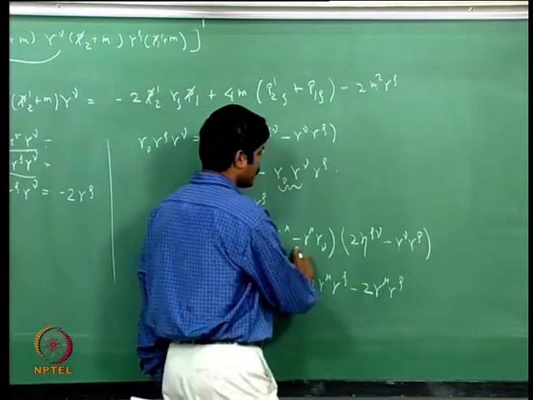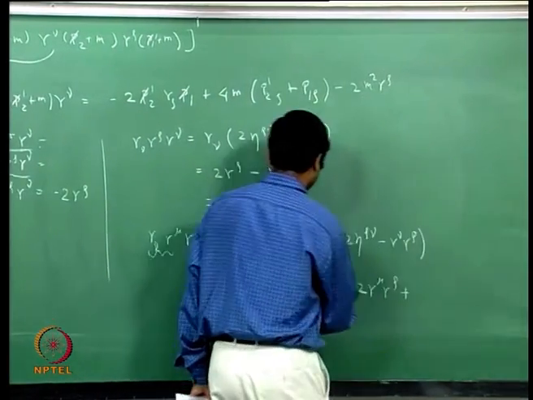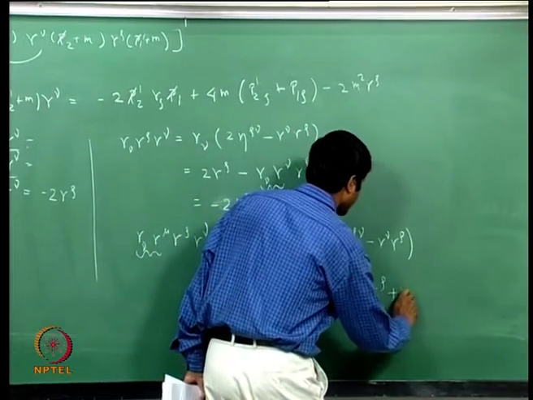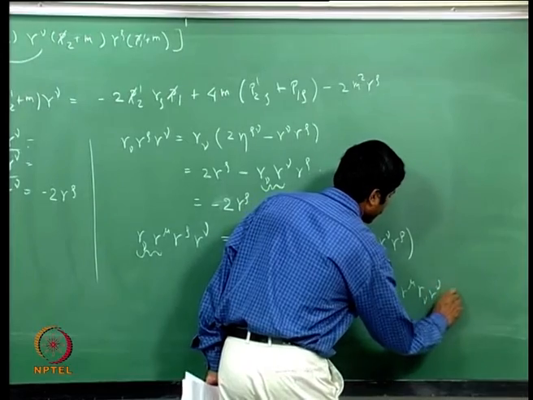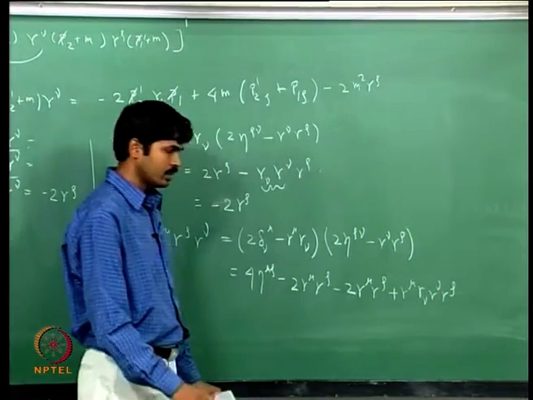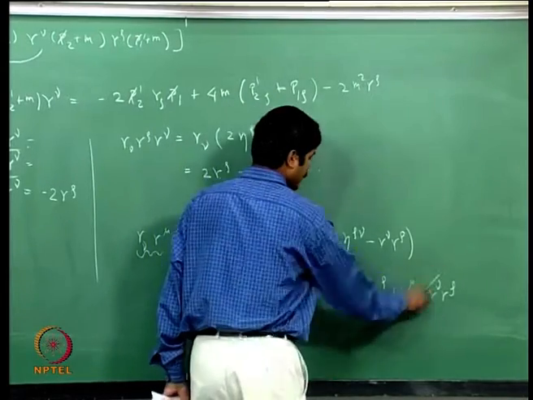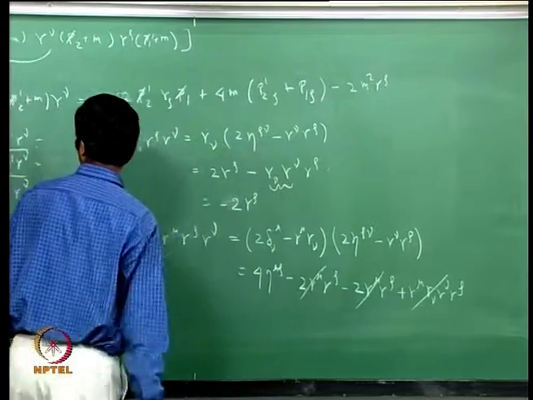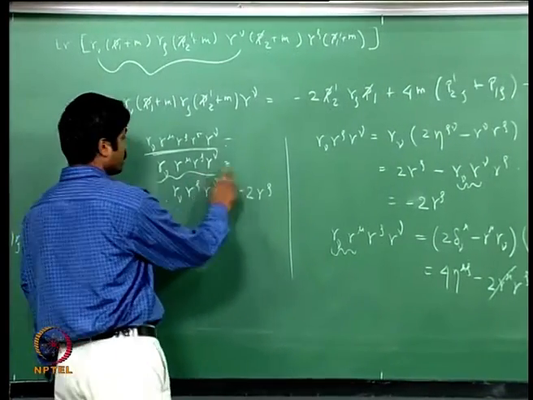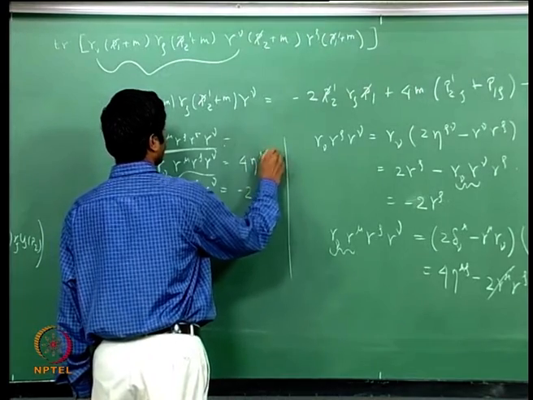Finally, the last term is gamma mu gamma nu gamma nu gamma rho. This is 4. So, this will cancel with these two terms. So, what is left is 4 eta mu rho. So, this quantity here is nothing but 4 eta mu rho.